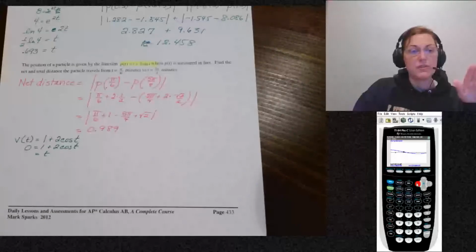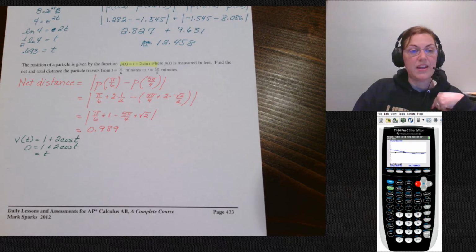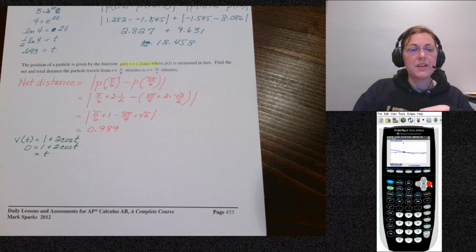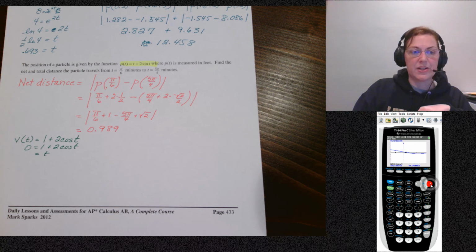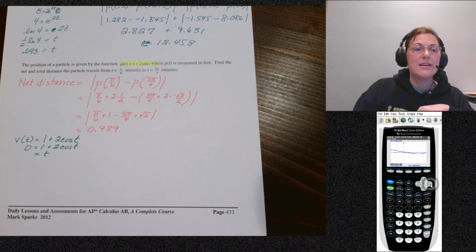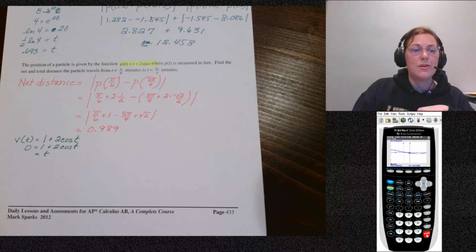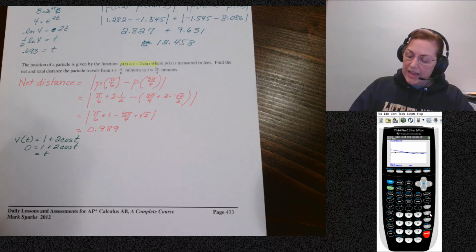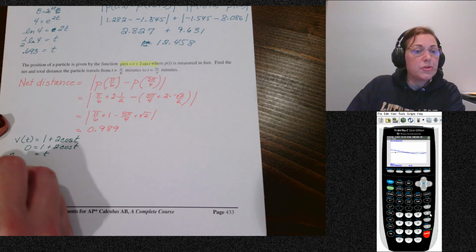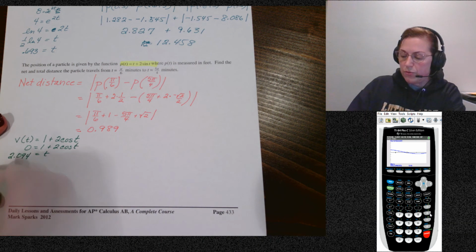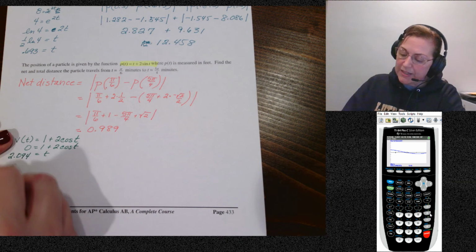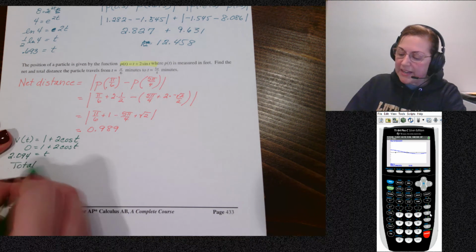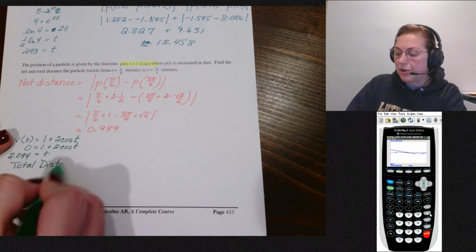So move to the left of where you see it crossing the x-axis, press enter. Then move to the right of where you see it crossing the x-axis and press enter again. Press enter one more time, and you see we get 2.094. Now, to do our total distance, remember, we're going to have to calculate the distances about the turn.